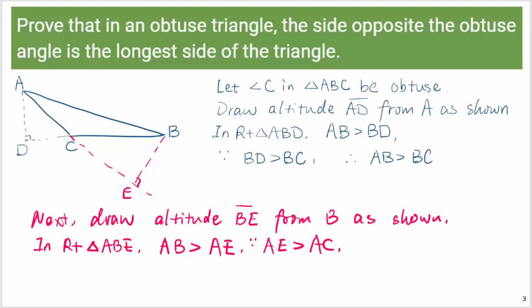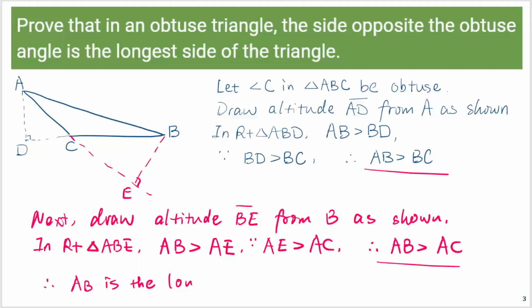Therefore, AB is longer than AC, right? So we have proved AB is longer than BC and AB is longer than AC. Therefore, we know AB is the longest side in triangle ABC.